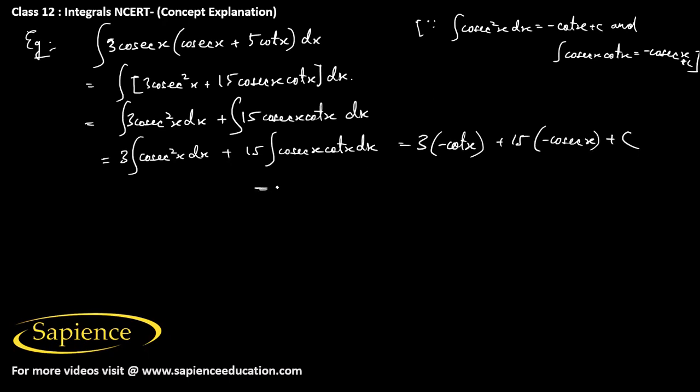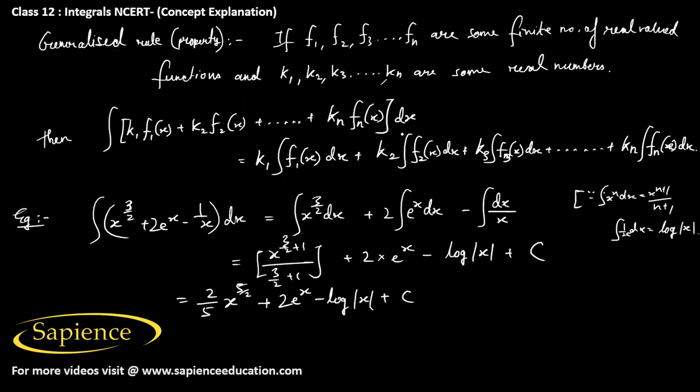So this will be equal to minus 3 cot x minus 15 cosec x plus c. So this is the answer. So these are some of the examples which are using the properties of the indefinite integrals.